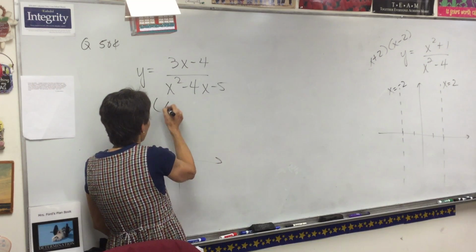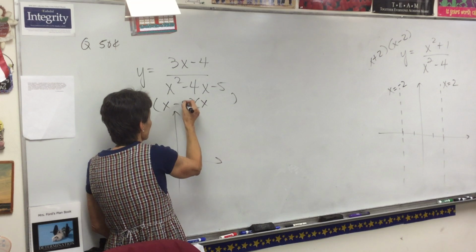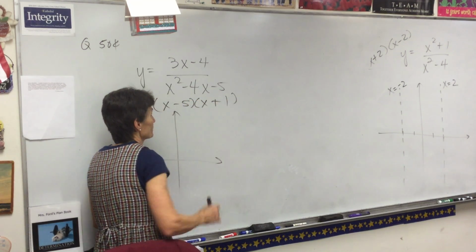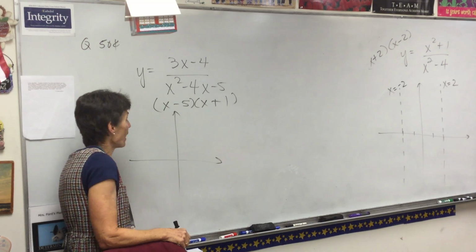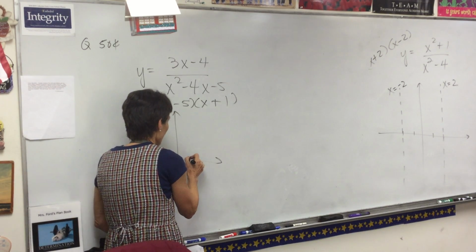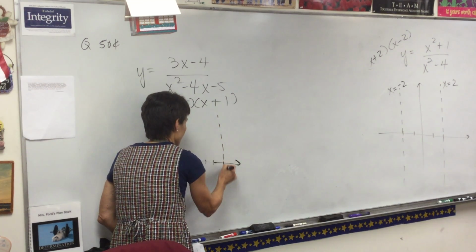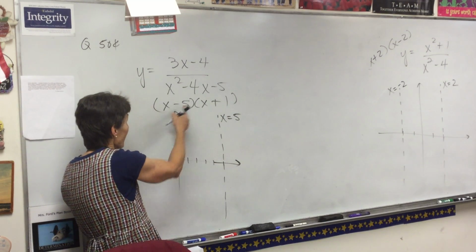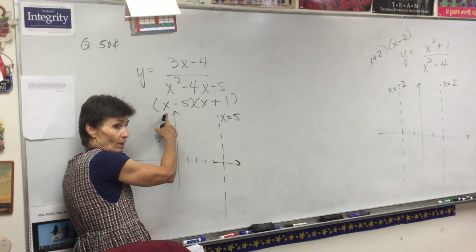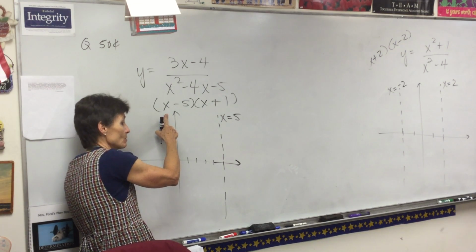So if I factor that, let's see, I want to make sure I get it factored correctly. The x minus 5 plus 1. So I'm going to have an asymptote at 1, 2, 3, 4, 5, at x equals 5. Because what happens if I put a 5 in there? Don't I get 0? Yeah, that's how I get vertical asymptotes.